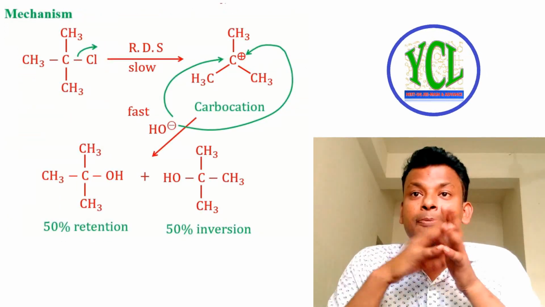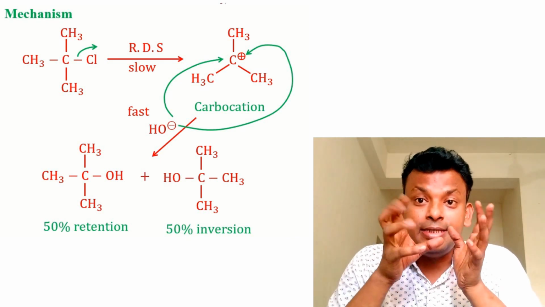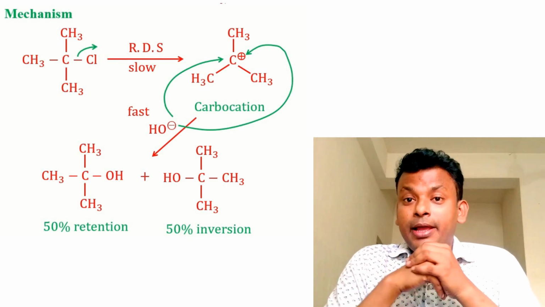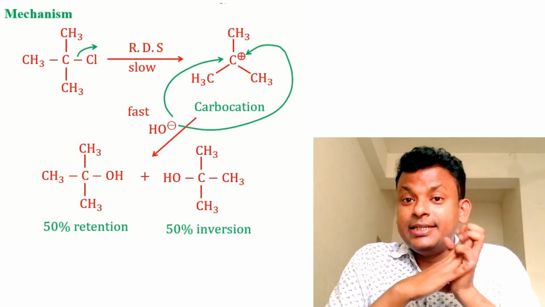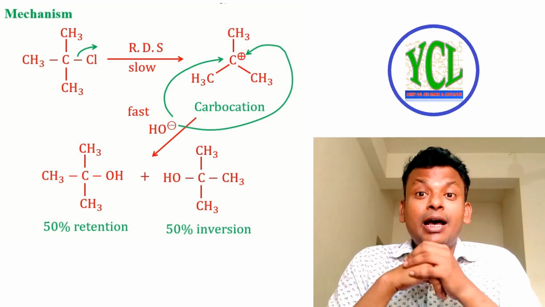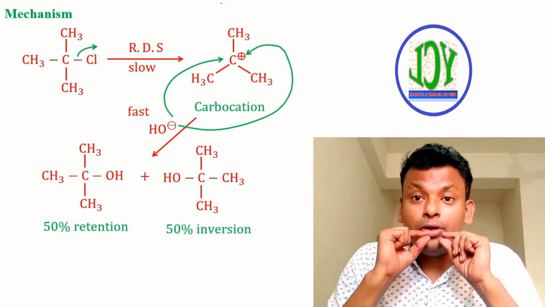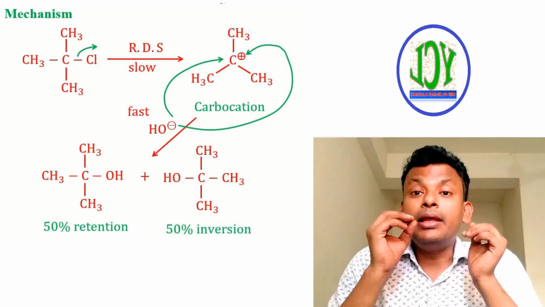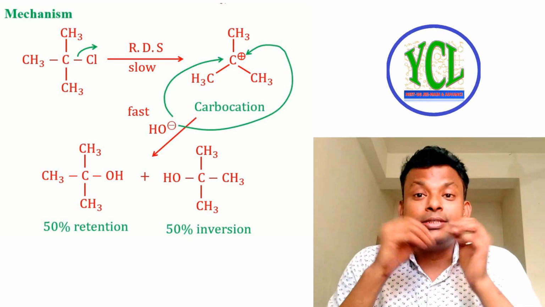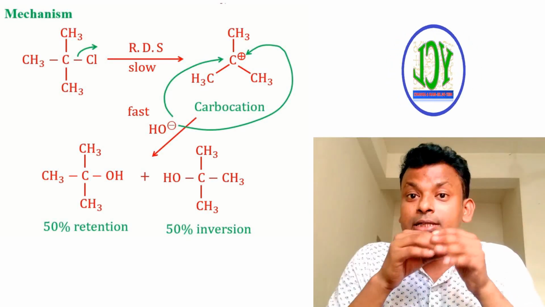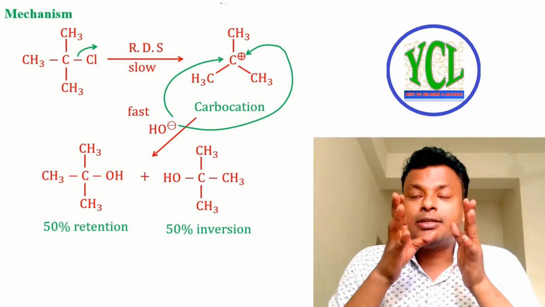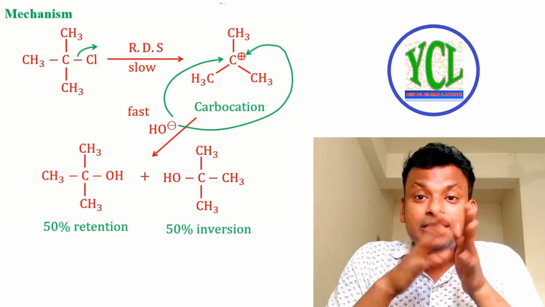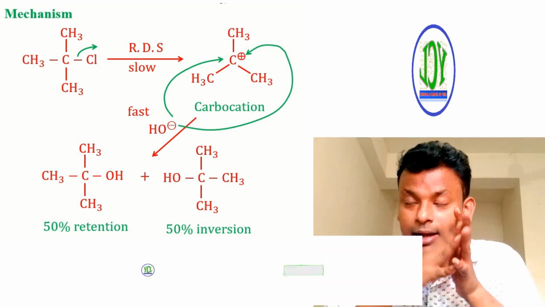The mechanism is here: first (CH3)3CCl, that is the tertiary alkyl halide. Here the C-Cl bond breaks because the CH3 groups have a plus I effect, meaning they donate electrons to the carbon atom, so the electron density of carbon is high and carbon is partially negatively charged, and Cl is also negatively charged, so the C-Cl bond is weak and breaks.